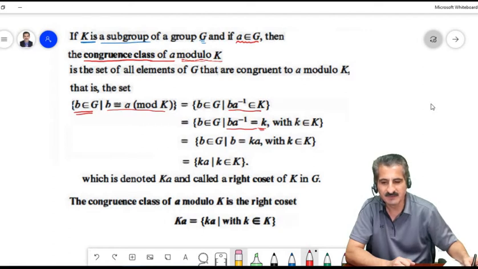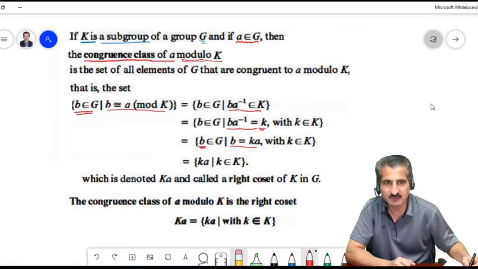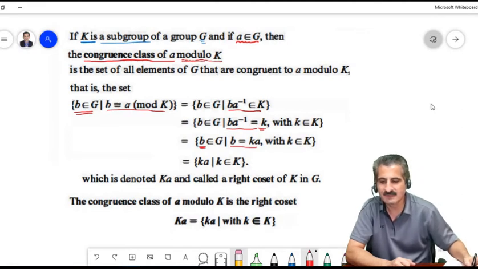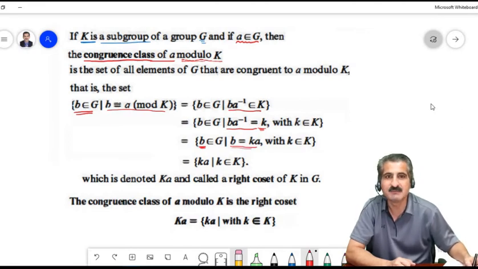Multiply both sides with A, we get B equals kA. Oh, that's interesting. So I will choose all elements from the group G such that every one of them is a multiple of A, where multiple means here multiplying A by some element of K. So, a multiple of A with respect to K, I may say.